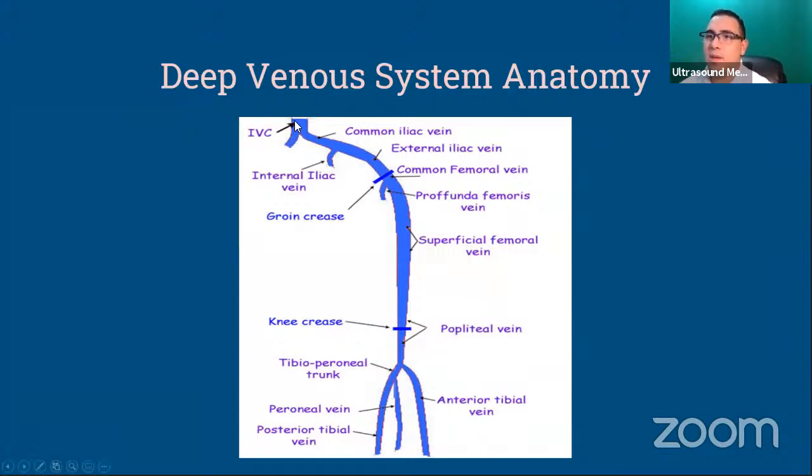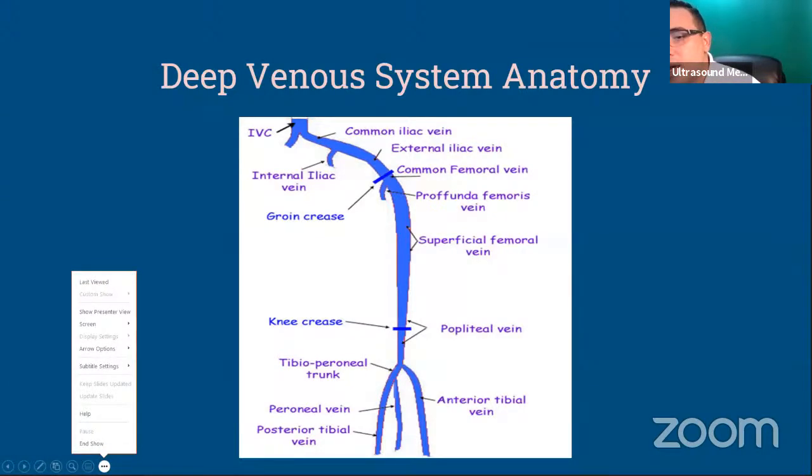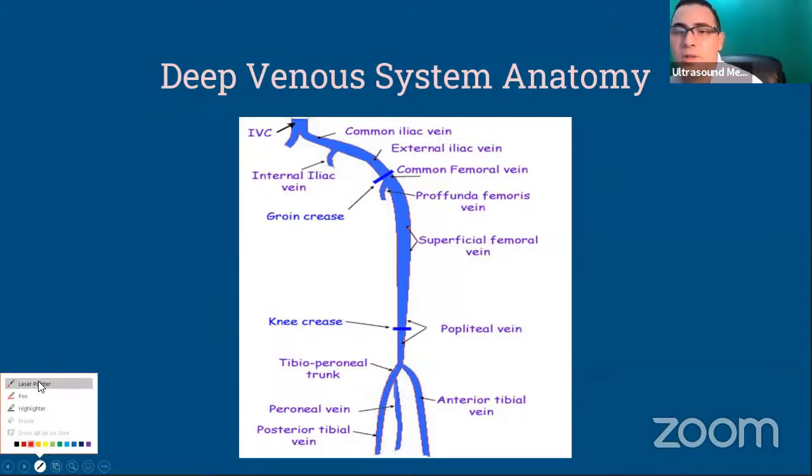We have the inferior vena cava right here, and draining into the inferior vena cava, we have the common iliac vein, which is this one right here. Let me use the laser, so you can see it better.